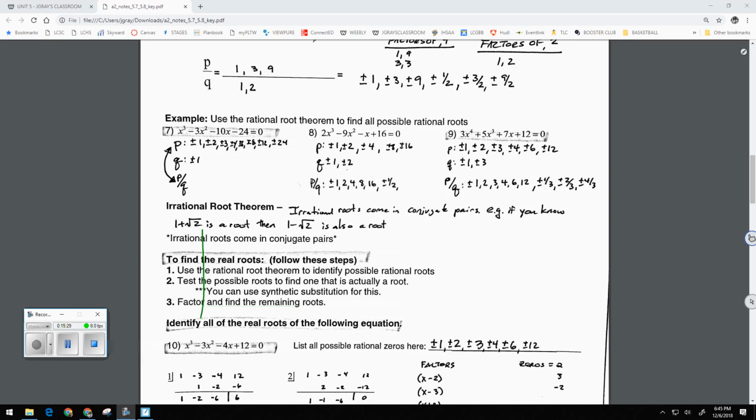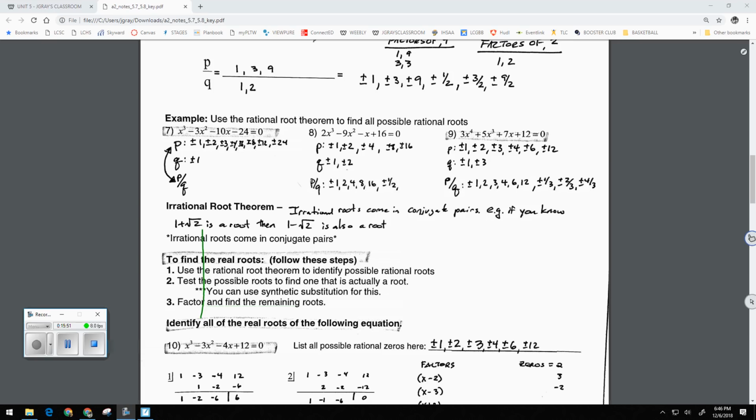That's also an irrational root. The example we have here is without i, but this same concept would include when you have i in there, but they come in conjugate pairs. So if you know one of your roots is 1 plus the square root of 2, then 1 minus the square root of 2 is also a root.